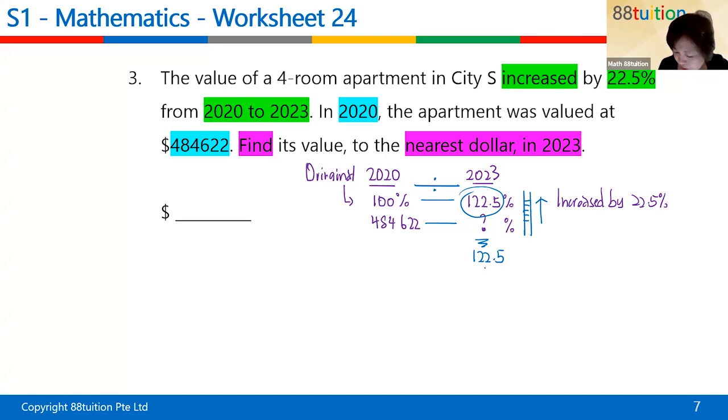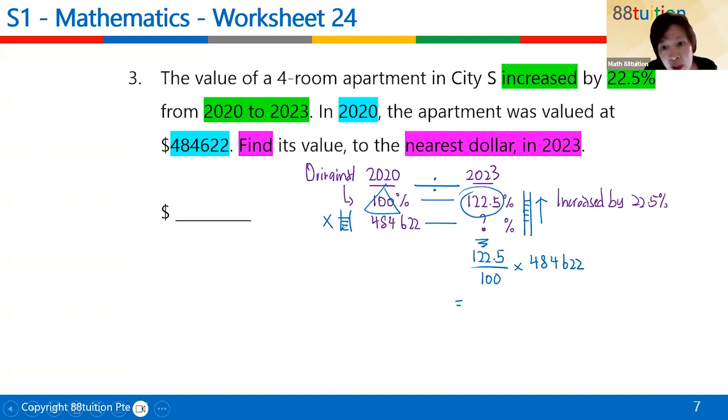Cross the bridge, so I divide by 100. I get down my escalator. Now I have to multiply. What do I multiply? 484,622. Now this one is a very powerful tool because this can apply anywhere. So before I just go on, I need to check this overhead bridge method. This is the method.